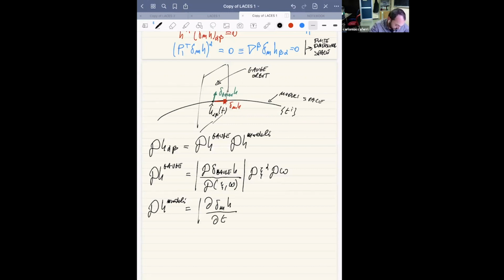So these are ordinary derivatives, times dt_i. Of course, the first is an infinite-dimensional integral, but this is just a finite-dimensional integral.